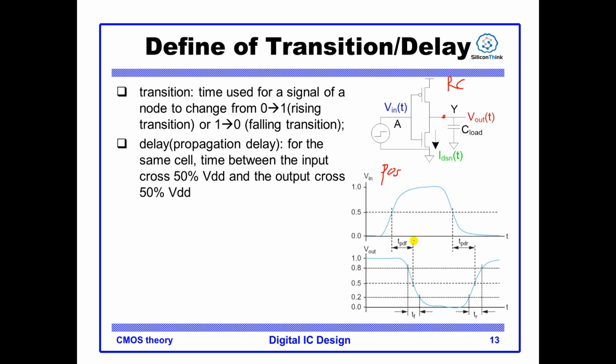And the question is, can the delay of a cell be negative? For example, can the delay of the inverter be a negative value, for example, minus 0.1 nanosecond?